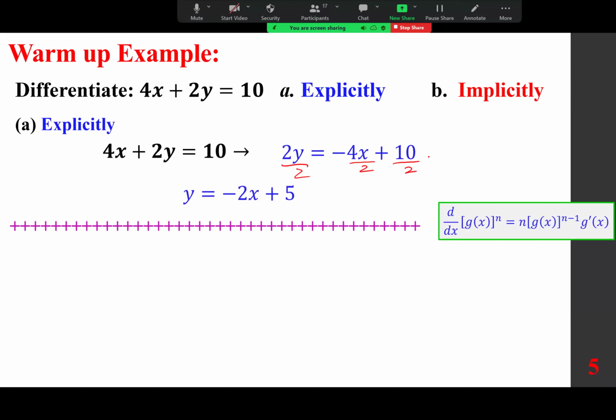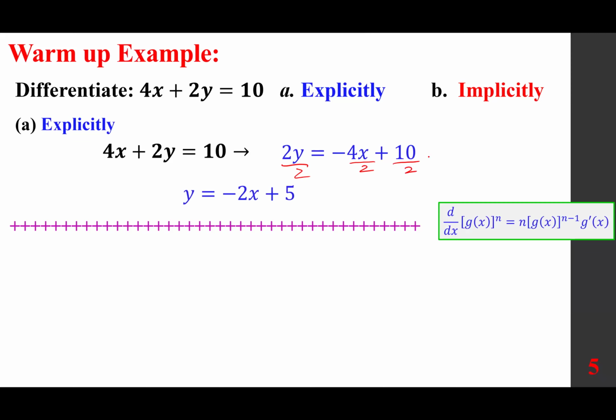Divide both sides by 2. y becomes negative 2x plus 5, and its derivative is simply negative 2. This is the good old-fashioned explicit format.